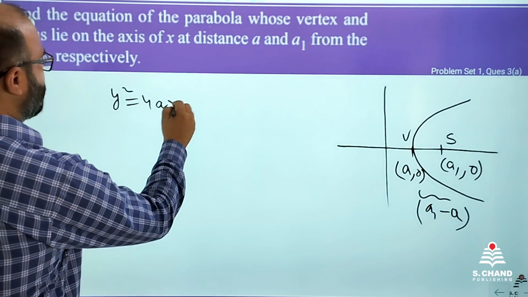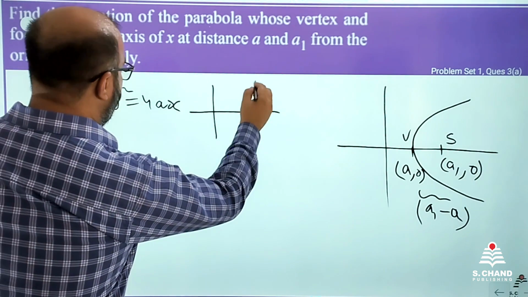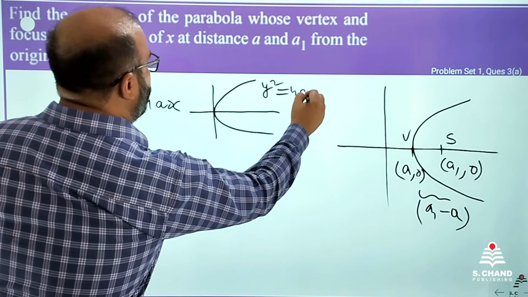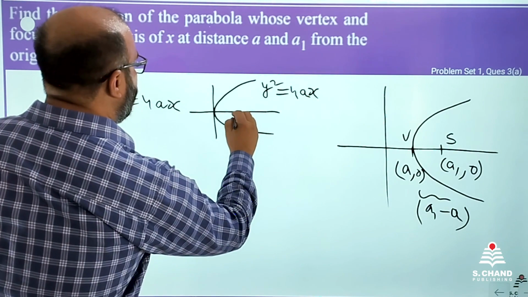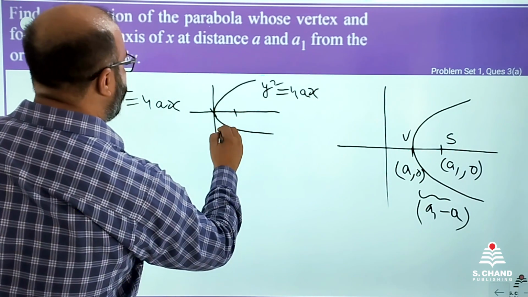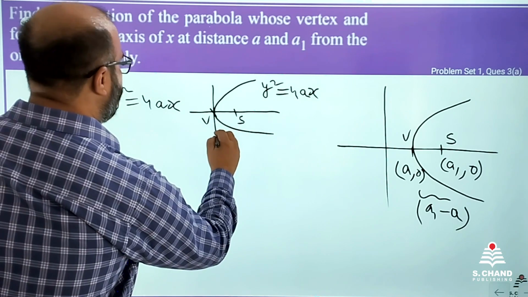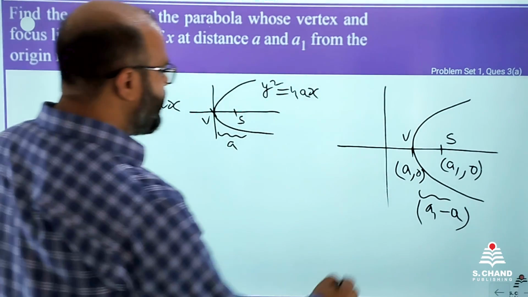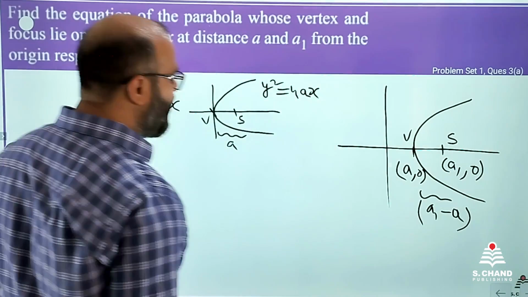If you remember, we have y square is equal to 4ax like this, and a comma 0 is here. This is the focus point and the vertex is here. So the distance between vertex and focus is a. Here the distance between focus and vertex is a1 minus a.